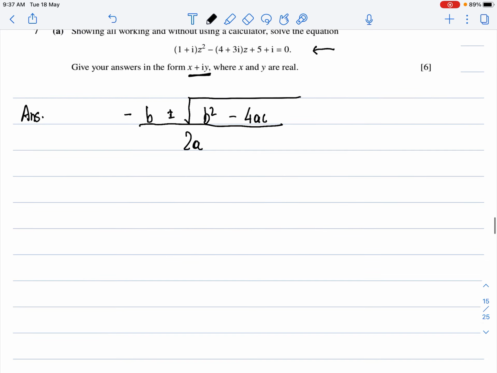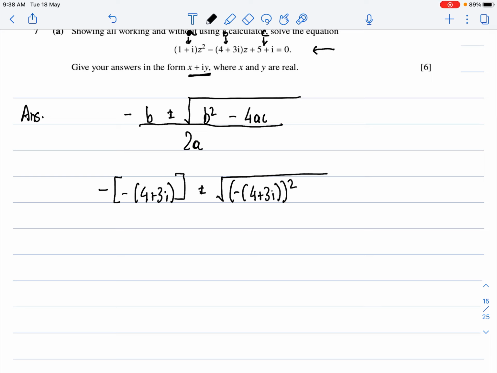So now simply substituting, I know this is my B, this is my A, and this is my C. So minus of minus 4 plus 3i, plus minus the square root of B square, which is simply minus of 4 plus 3i, the whole square, minus 4 into A, which is 1 plus I, into C, which is 5 plus I, over 2A.